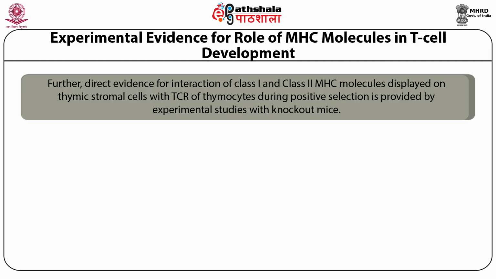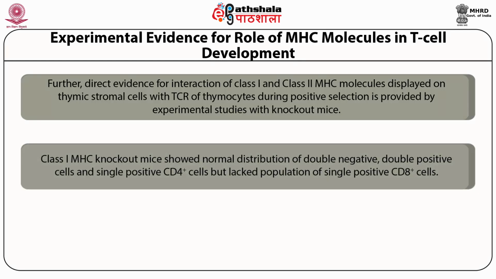It was found out that class 1 knockout mice showed normal distribution of double negative, double positive and single positive CD4 cells, but lacked the population of single positive CD8 cell.